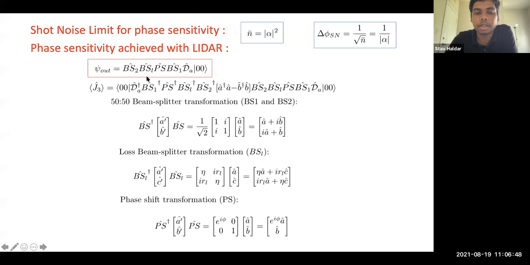That is this beam splitter. The loss transformation has eta as the transmissivity, and RL is just the square root of 1 minus eta. Then you have the same beam splitter acting on the state again, because you have to go back to the detectors. Once you do that, you have all the ingredients to calculate the expectation of J3, the variance in J3, and so on.